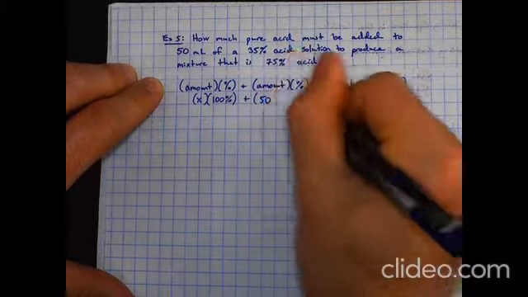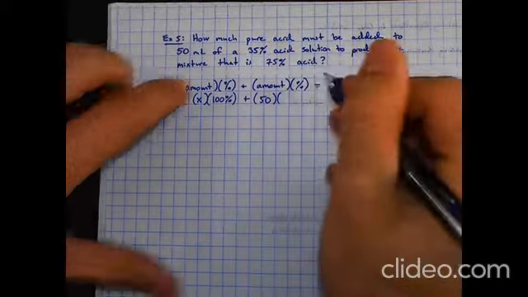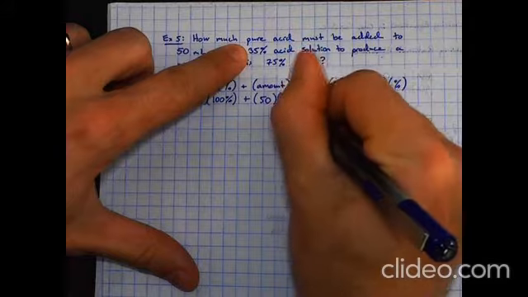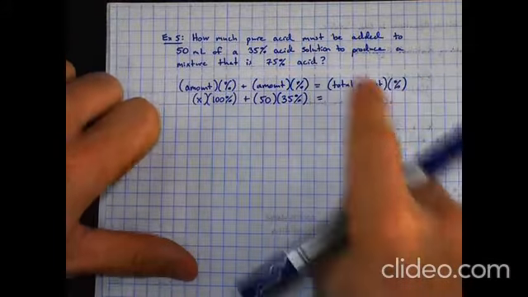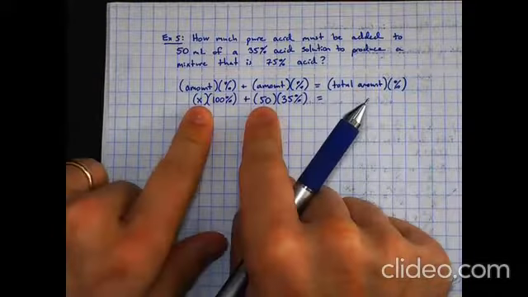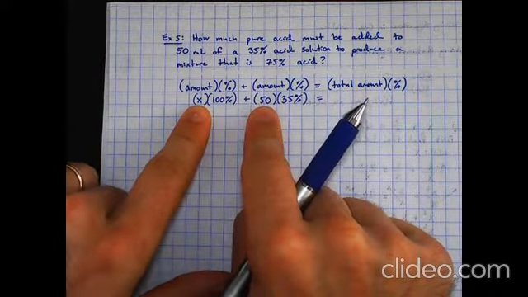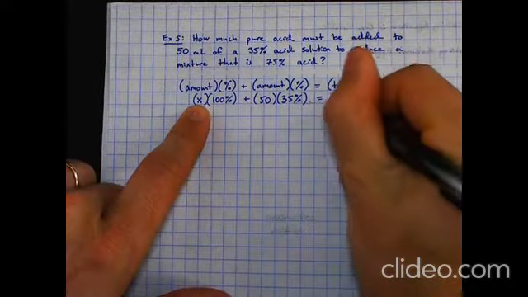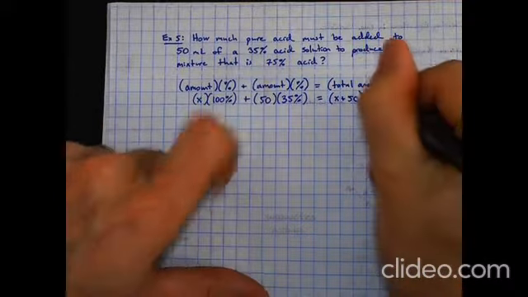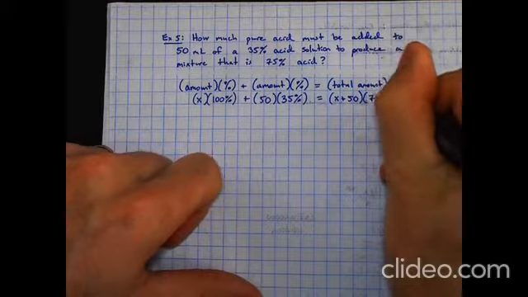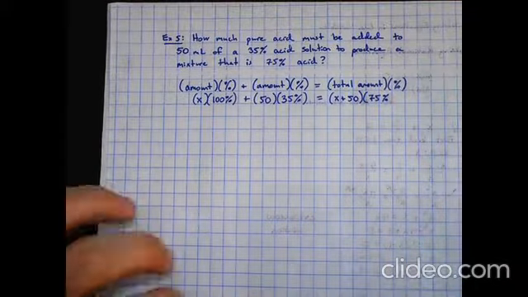We'll just know that our amounts are in milliliters. And 35%. And our final amount has to be these two amounts added up. So our final amount is going to be x plus 50. And our final acid percentage has to be 75%.